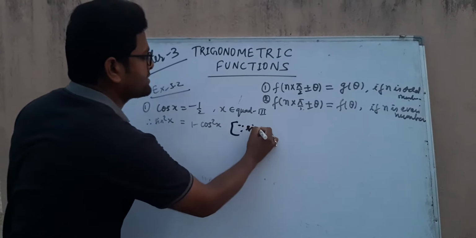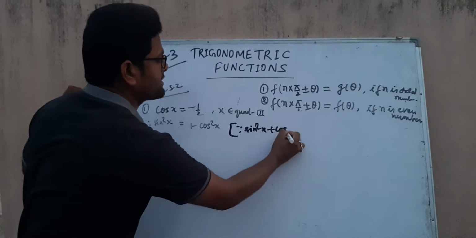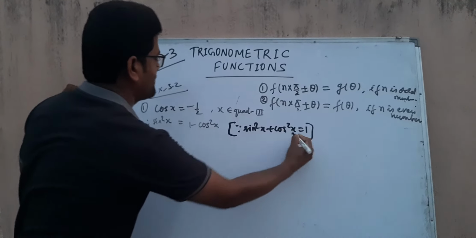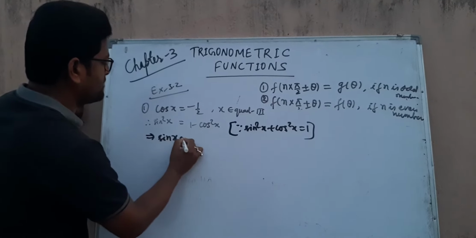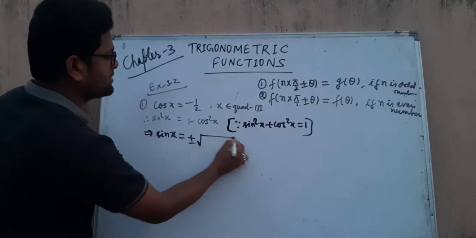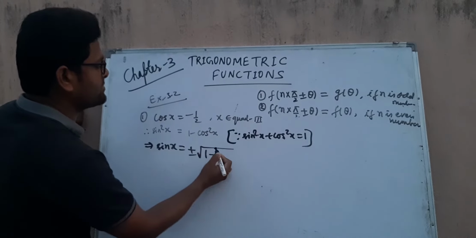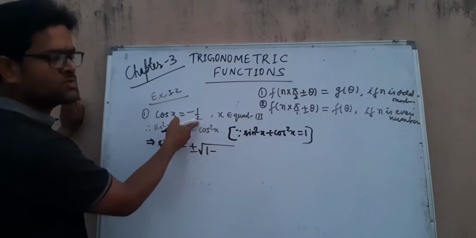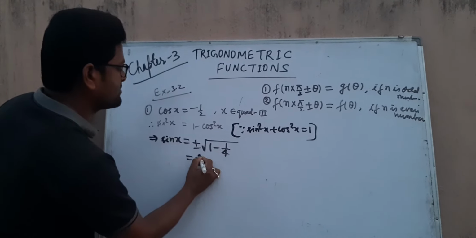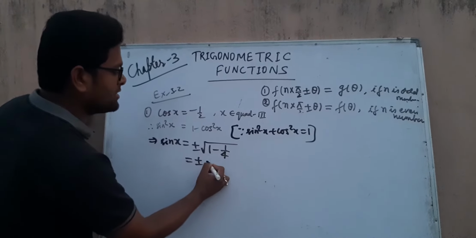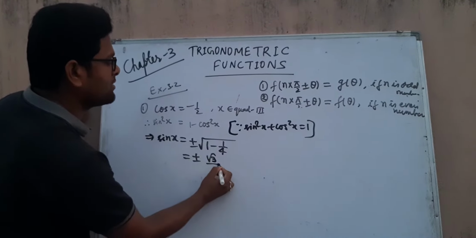Since sin square x plus cos square x is equal to 1, sin x will be plus minus root under 1 minus cos square x. Cos x is minus 1 by 2, minus 1 by 2 whole square is 1 by 4. So it is plus minus root of 4 minus 1 is 3, so it is root 3 by 2.